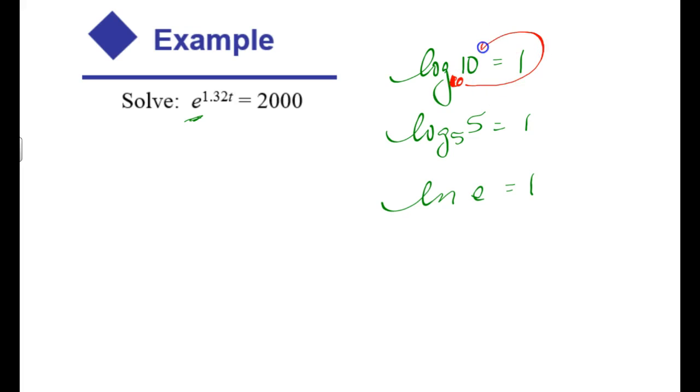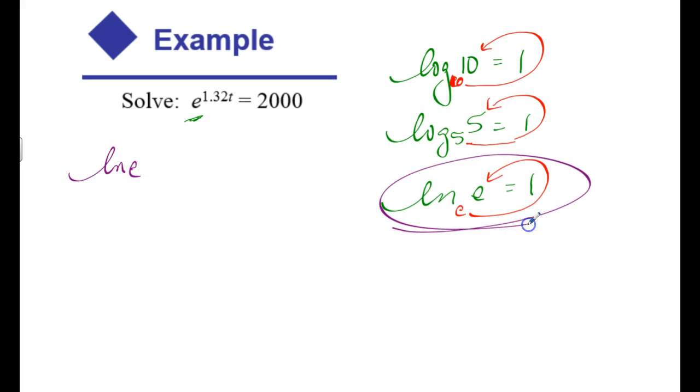So 10 to the first equals 10. 5 to the first equals 5. I'm doing this fishhook. If I don't write the base, there's an assumed e down here, and e to the first equals e to the first. So whenever you see an e, I wouldn't log both sides. I would choose to ln both sides, so we could probably use this property, which comes in pretty handy.